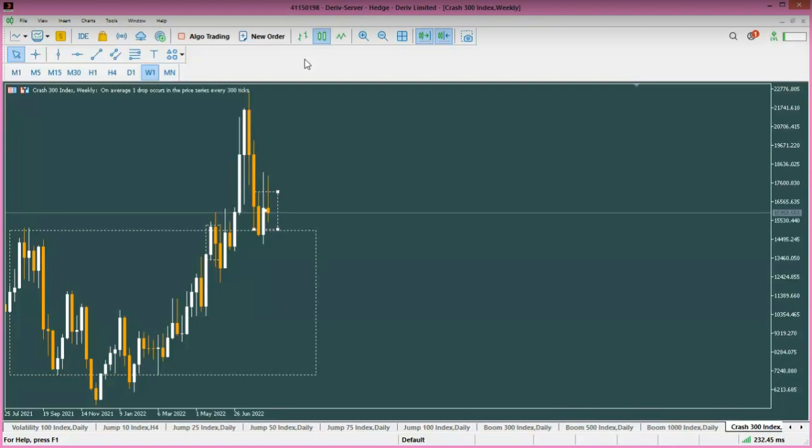Then that's where we are going to wait. Then we go down to our daily, we wait for our daily time frame also to confirm, and then we go down to H4 also to confirm.